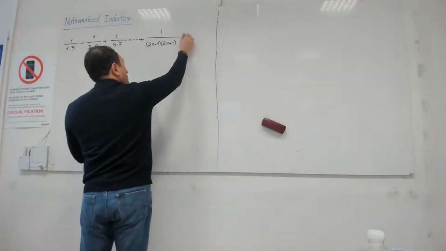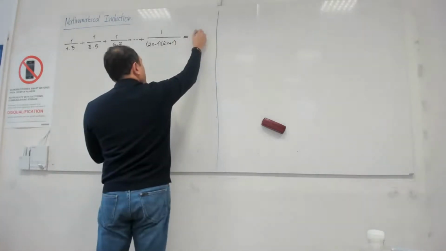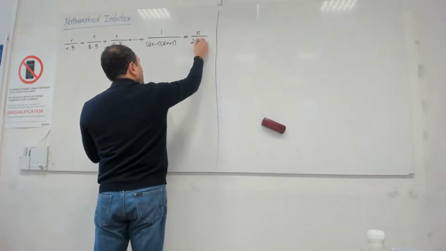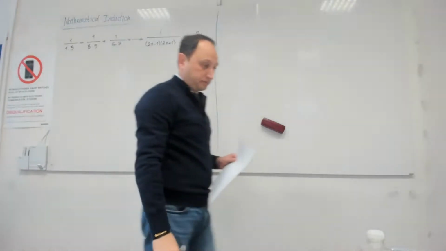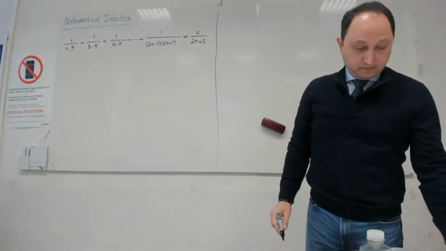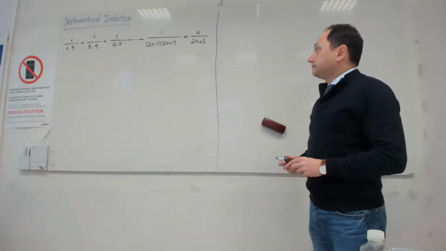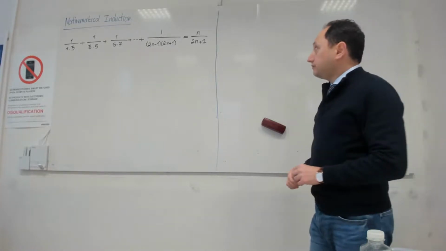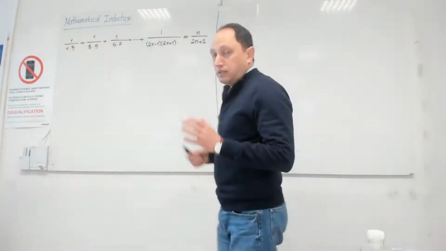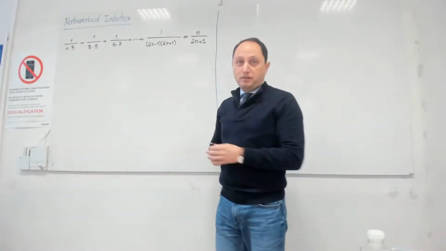We are supposed to show that this is equal to n divided by 2n plus 1.